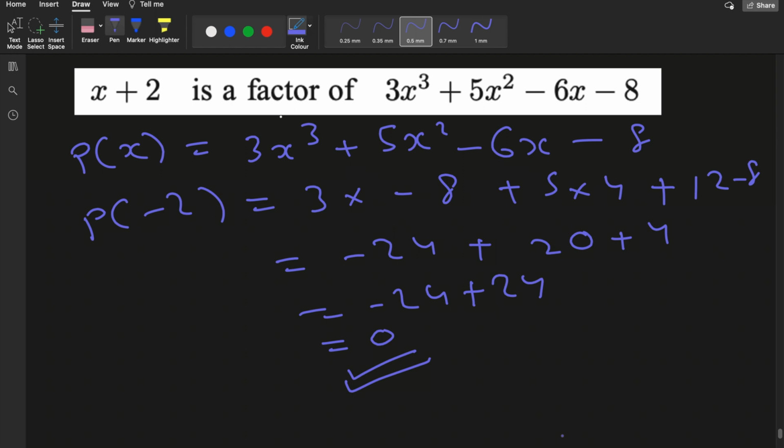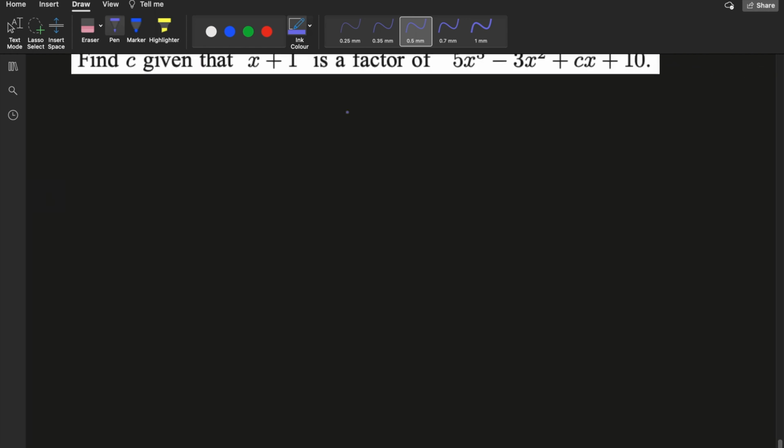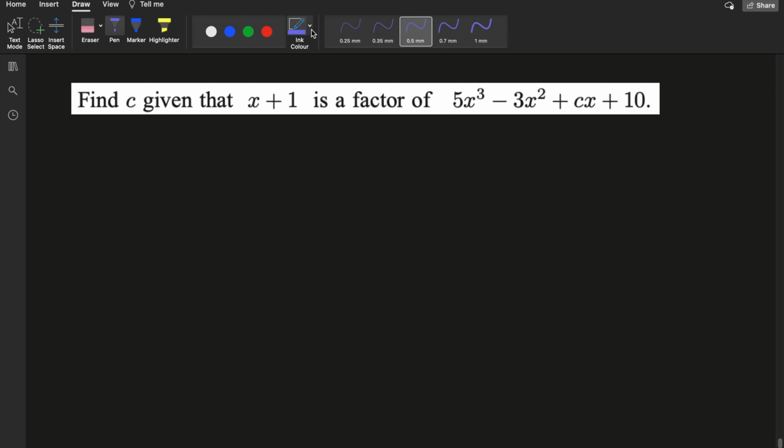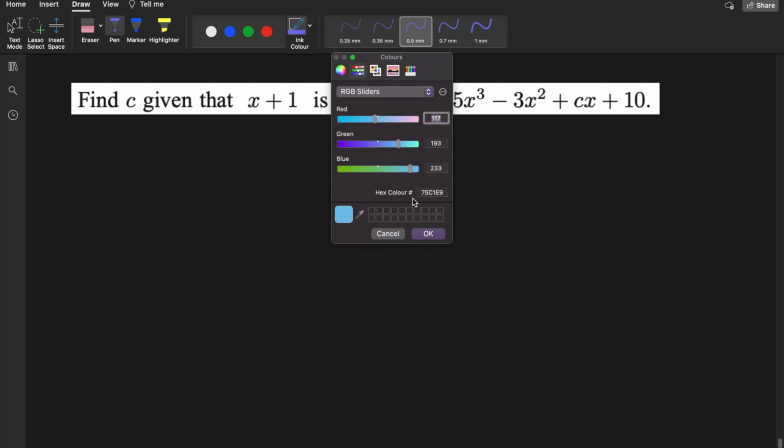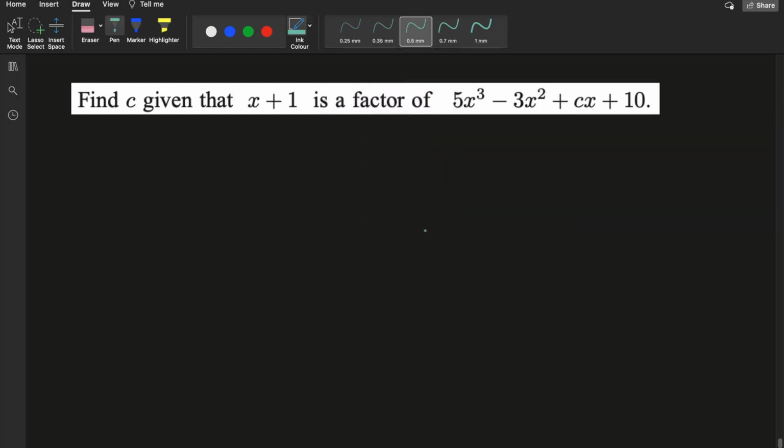Let's move on to the next question. Let's take a minute to read it. Find c given that x plus 1 is a factor of this polynomial. Let's say g of x equals 5x cubed minus 3x squared plus cx plus 10.